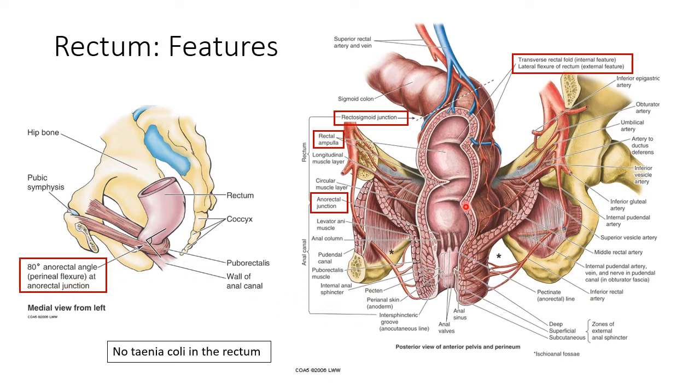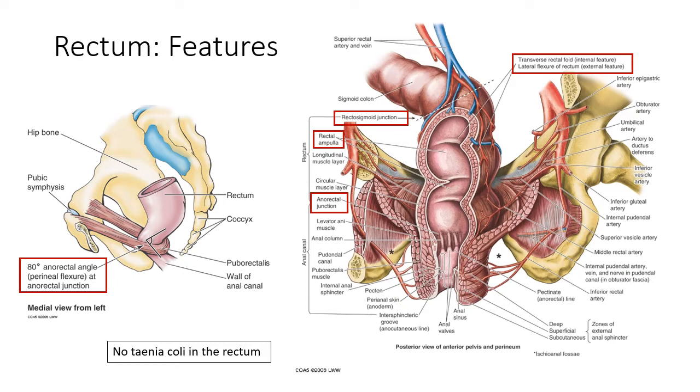One thing also to note about the rectum, there is no tinea coli. So this is one thing. I already mentioned that the transition from sigmoid colon to rectum starts at the level of S3. So the best way to find it is to follow the tinea coli of the sigmoid colon downward until it disappears.